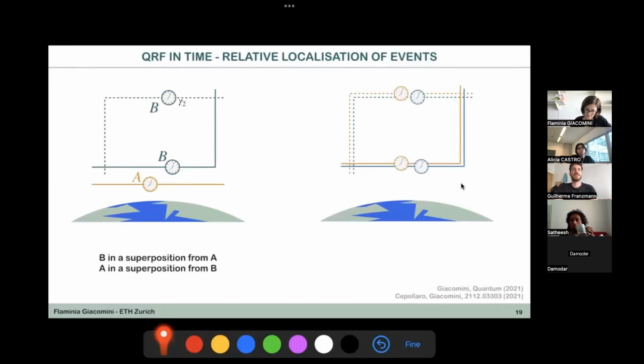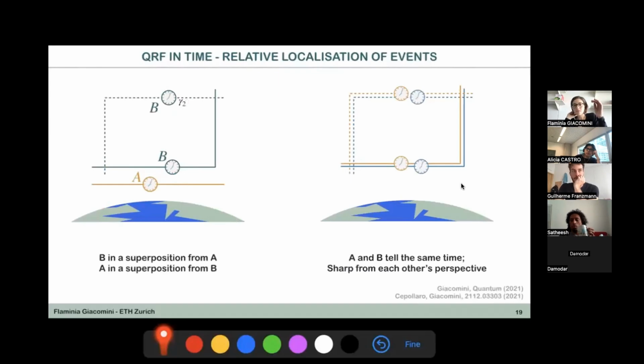And now, instead, you can also put these two clocks together in a quantum superposition, always at the same height. So either they both go along this path, or they both go along this path. And now, if you take the perspective of the orange clock, it will see the blue clock as always telling the same time.